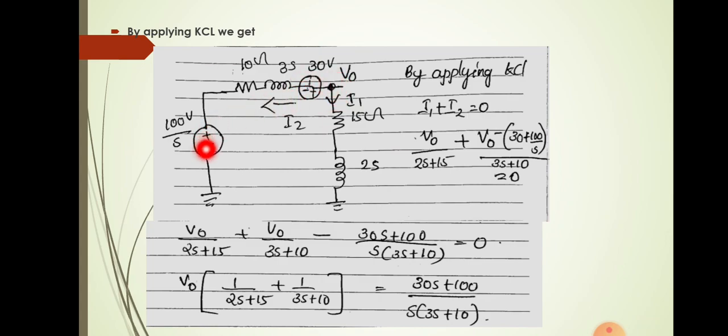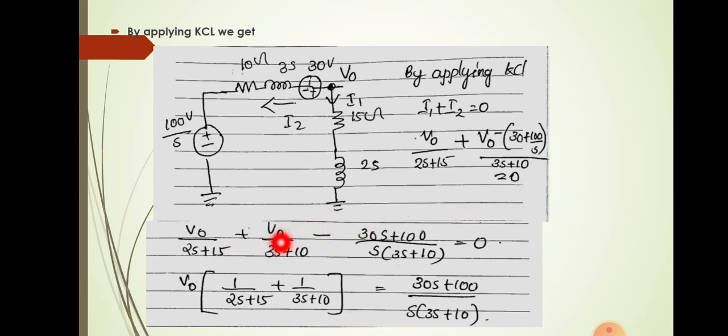Here there are two voltage sources, so V0 minus the sum of 30 volt and 100 by S. So you can write V0 minus 30 plus 100 by S, divided by the total impedance, which is 10 plus 3S. Similarly for I2, the voltage is V0 and the impedance is 15 plus 2S. So you can write V0 by 2S plus 15, plus V0 minus 30 plus 100 by S, by 3S plus 10, equal to 0.